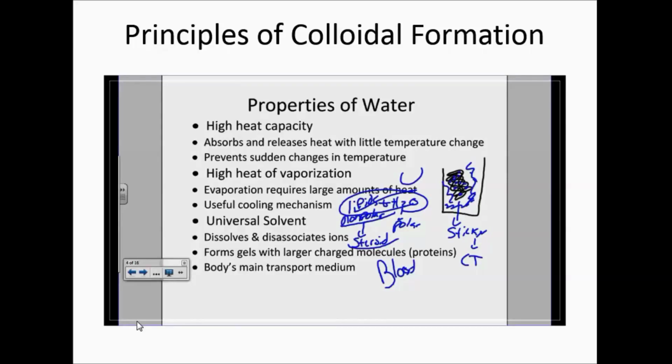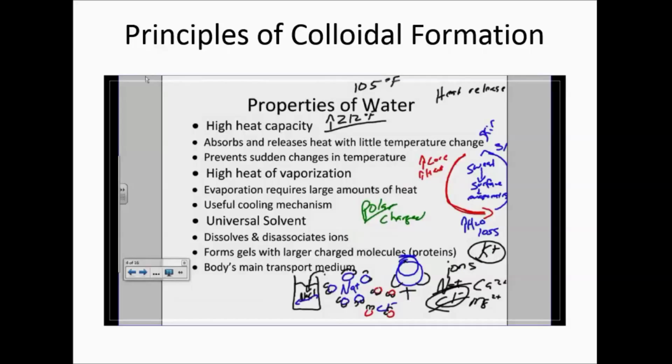Well, we can get around that: we can stick this fat to a protein, the proteins can mix in the water, and then we can circulate that fat hormone around the body while it's stuck to what we call a carrier protein. So that's the nice thing about water being so universal in its solvency: we can transport essentially anything throughout our system. Even if it doesn't directly mix with water, we can still stick it to a molecule that does and circulate it around the body. So that's the beauty of water as a universal solvent.